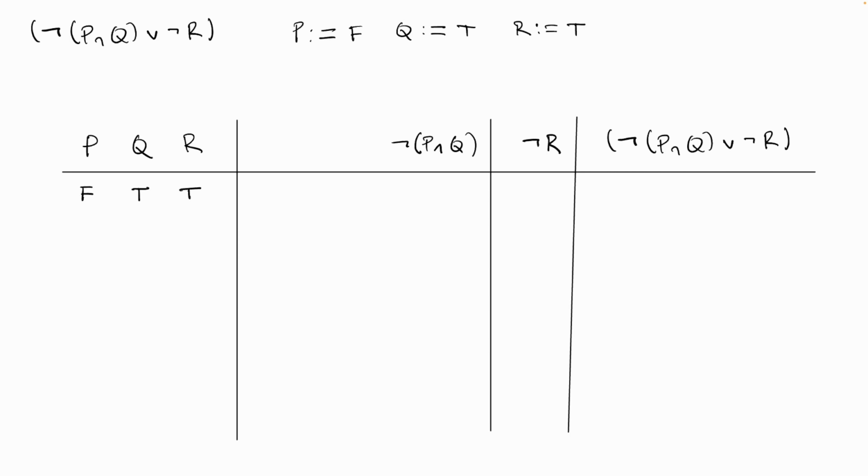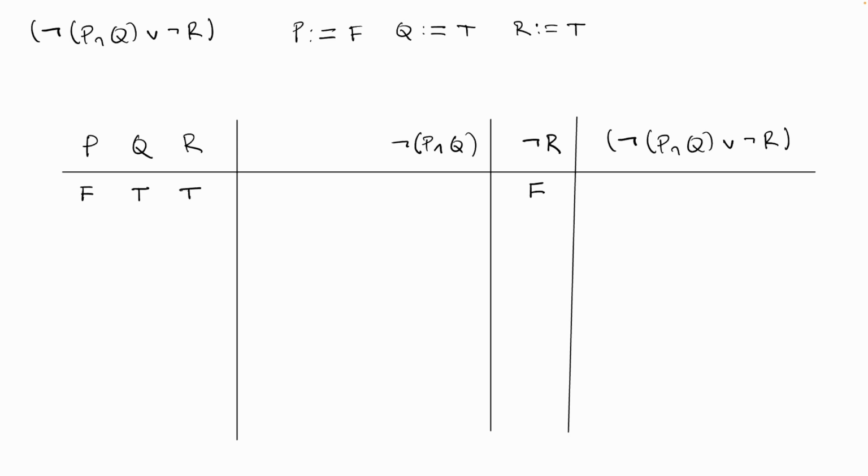So now we have two formulas whose truth values we want to calculate. Let's start with not R. That's just the negation of R, so all we need to know is what the truth value of R is. We're assuming that R is true. On that assumption, the negation of R is false.